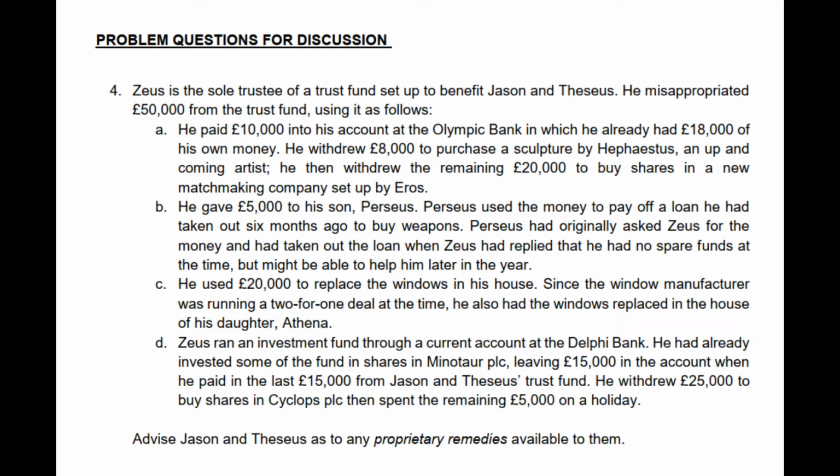With regards to that last point, tracing is used as the mechanism to identify the property so that we can then use the appropriate remedy, which will be either a personal remedy or a proprietary remedy in the form of either an equitable lien over a portion of property that has been purchased partly using trust funds, or a constructive trust where the entire property has been purchased using misappropriated trust funds.